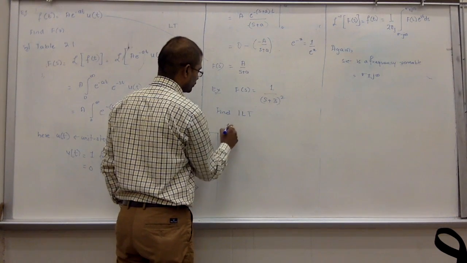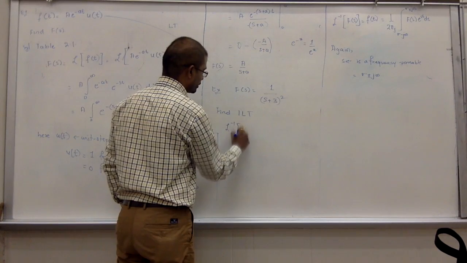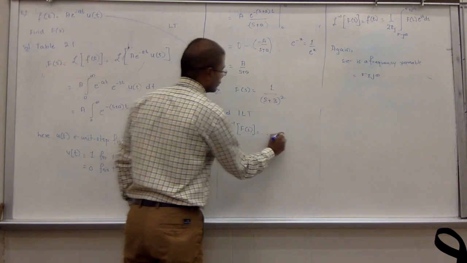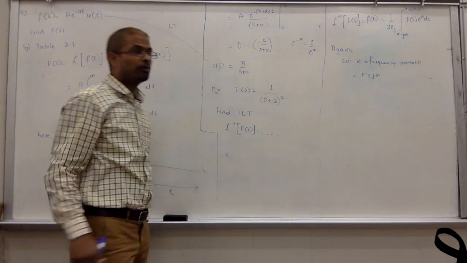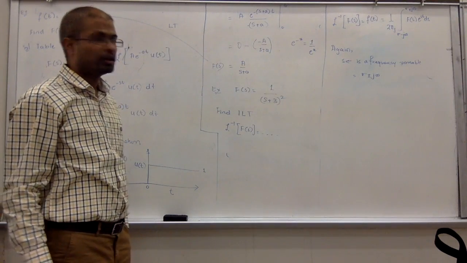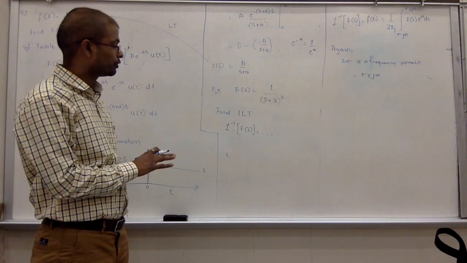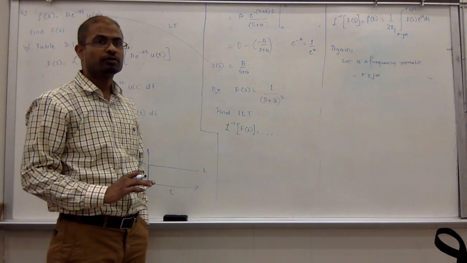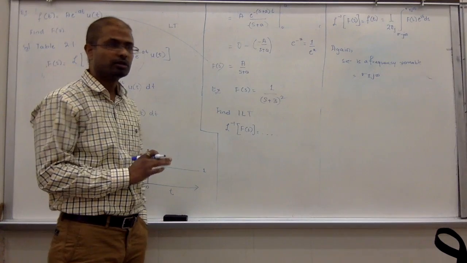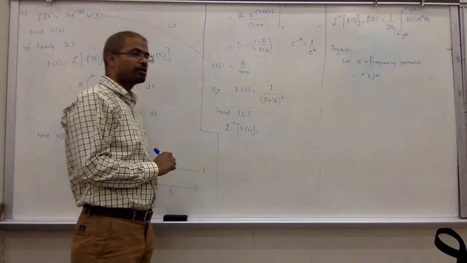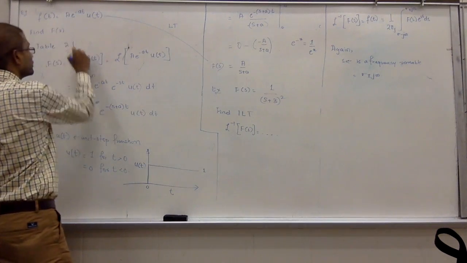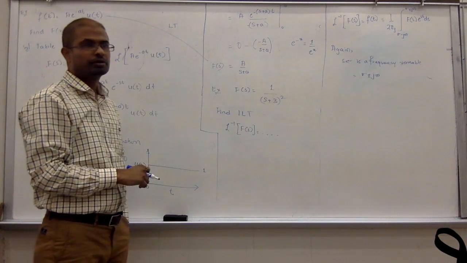What we generally do is apply that formula. But for the sake of this course, you don't have to really apply the formula. If you look up the inverse Laplace transform table, I'll give you the Laplace table. It's the same table, you have to reverse it.